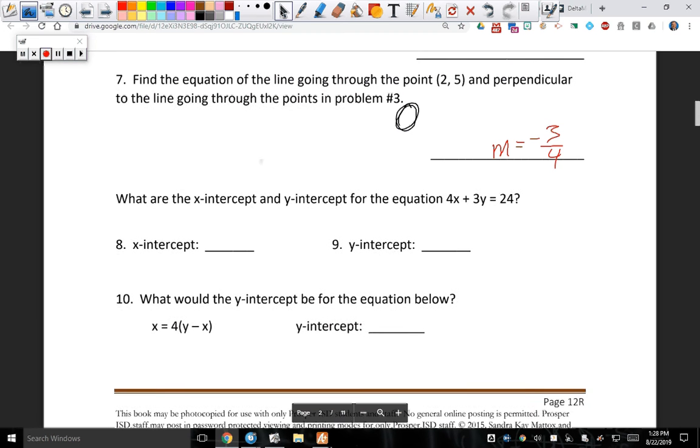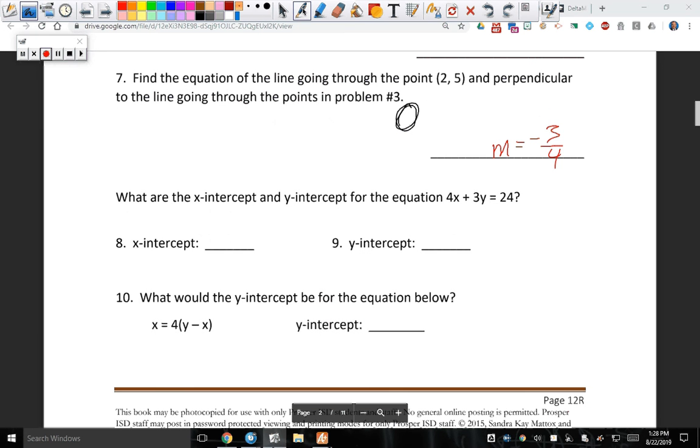Let's go to 7. We're going to find the equation that goes through this point and is perpendicular to the slope. So what's my new slope? 4/3. So what equation do you think I want you to use, guys? The point slope formula.